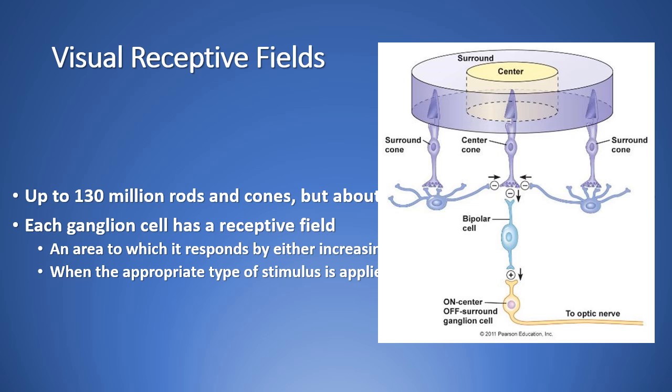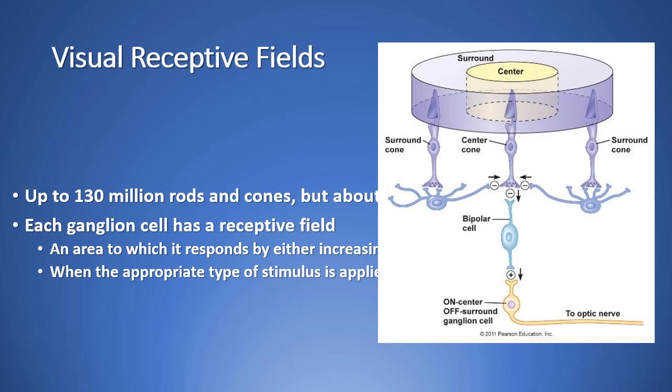But this also shows you a peculiar aspect of the receptive fields of ganglion cells. The center of the receptive field is usually responsive to the opposite, or it will have the opposite response to stimulation than the surround.